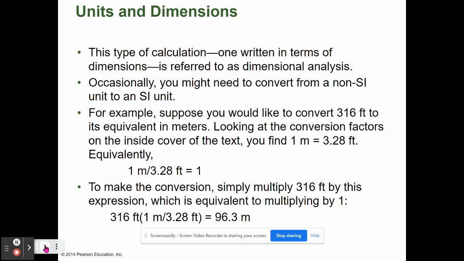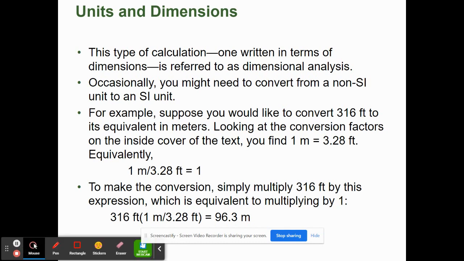This type of calculation, one written in terms of dimensions, is referred to as dimensional analysis. So when we talk about changing units, changing back and forth, that's what we call dimensional analysis, where we can change from one unit into a different unit.